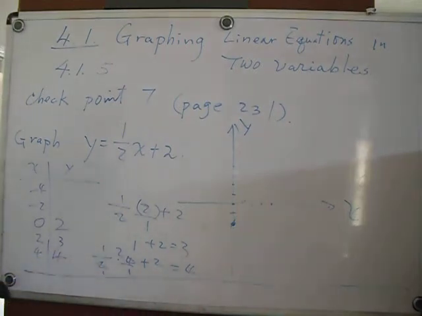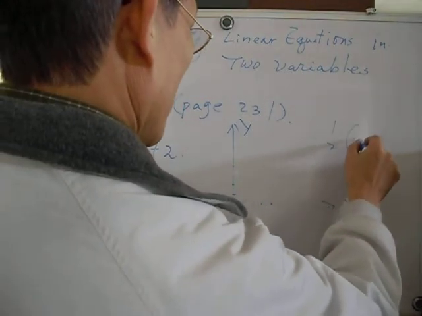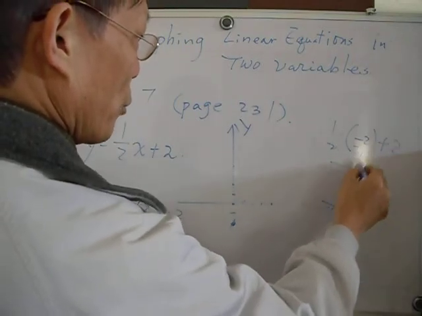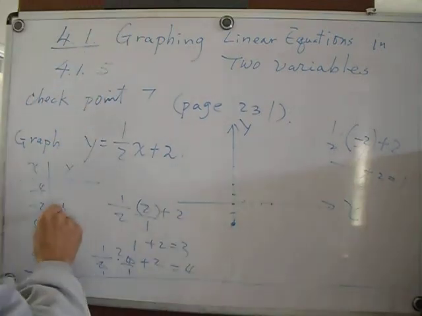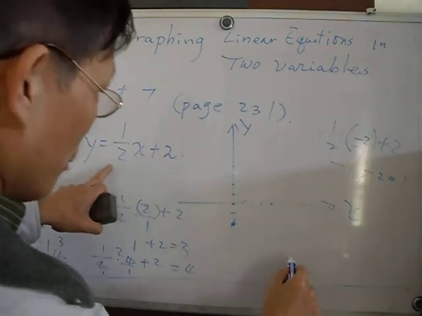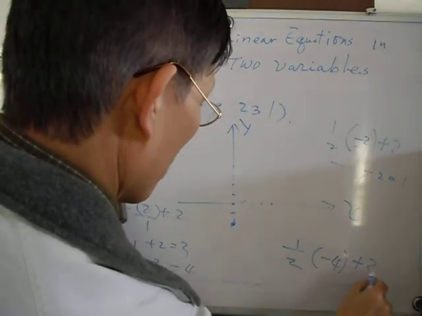That's 4. Next one, you can use 6, but since we chose negative 2, let's see. 1/2 times negative 2 plus 2. There will be negative 1 here plus 2. That will be 1, positive 1 here. And next one, you use negative 4. So 1/2 times negative 4 plus 2.